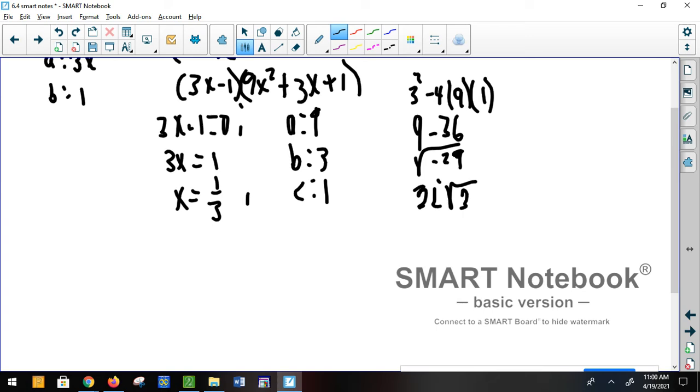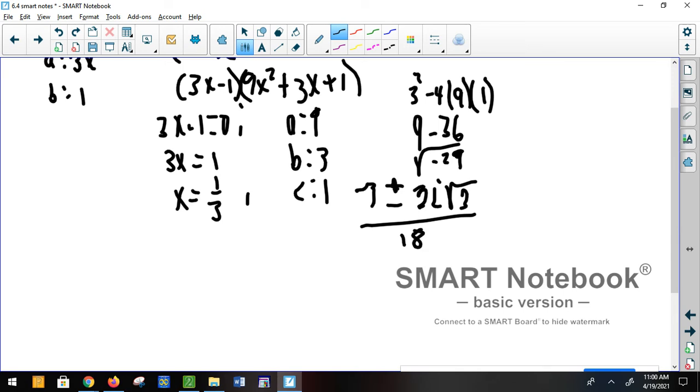Opposite of B is negative 3. Plus or minus, that's a plus. There we go. And it's all over 2 times A, which is 18.